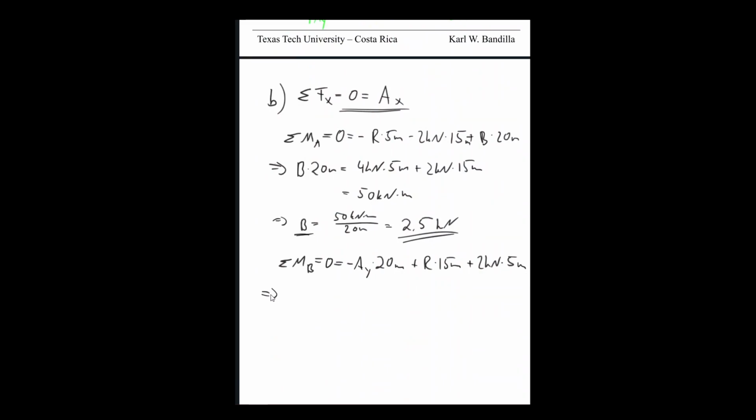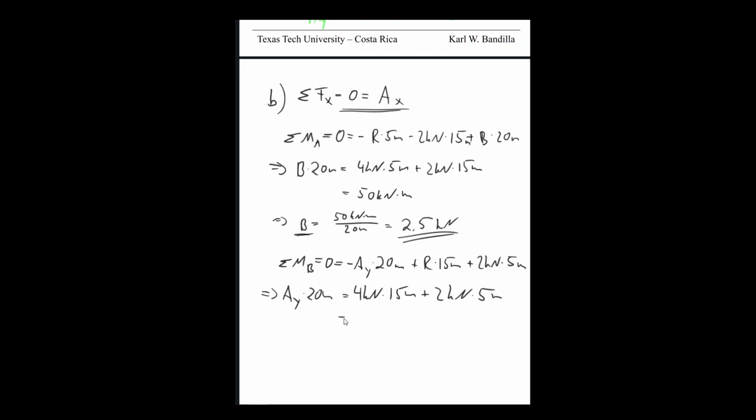That means AY times 20 meters is equal to R, which was 4 kilonewton, times 15 meters plus 2 kilonewton times 5 meters.